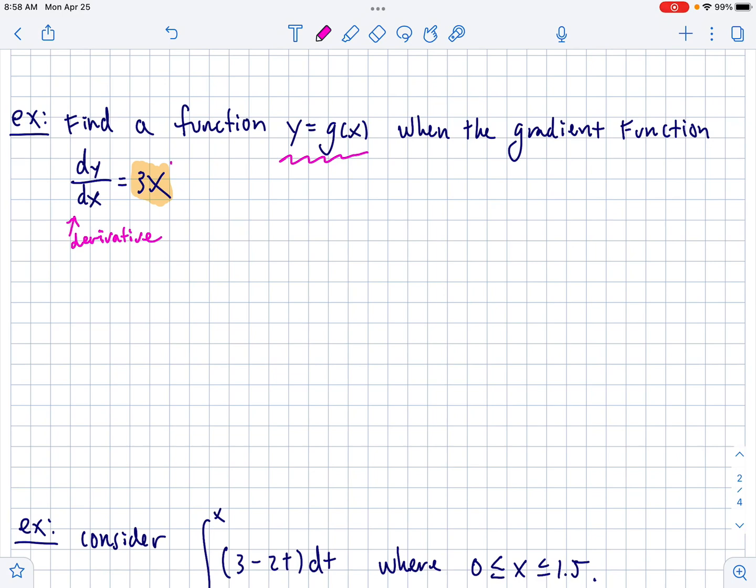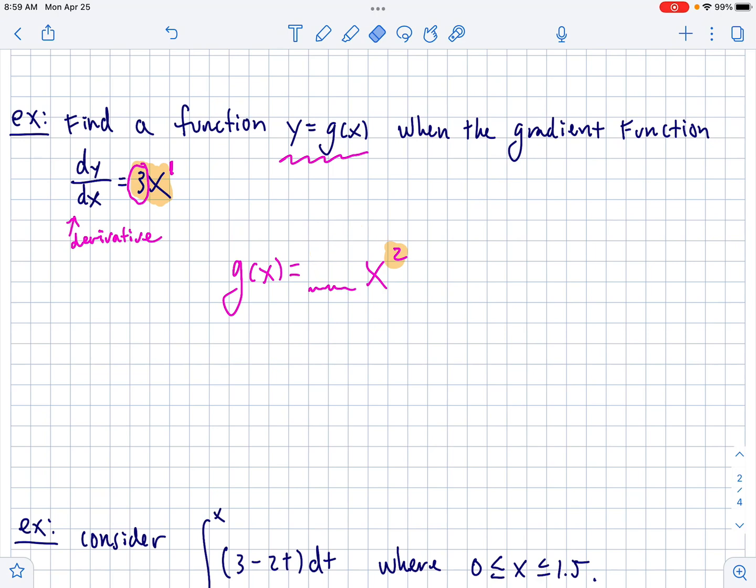Now, if you look at the power on the x, it's a power of 1, which means it started out as a square. So we know that our antiderivative here is going to be something x squared. But if I just take the 2 out in front, that would be 2x as the derivative. But we don't get a 2 out in front, we get a 3.